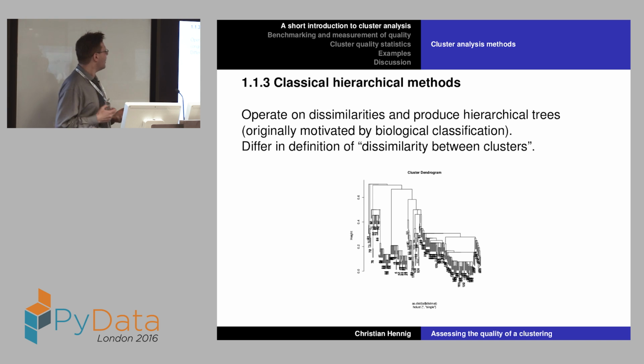Okay, so now that we have a dissimilarity measure, we can compute classical hierarchical clustering methods. The idea here is that you start from the lowest level at which every single observation is a cluster. So we have 236 clusters, which are all the observations. Then we merge the two most similar observations, which is going on somewhere down here. Then you have 235 clusters, right?